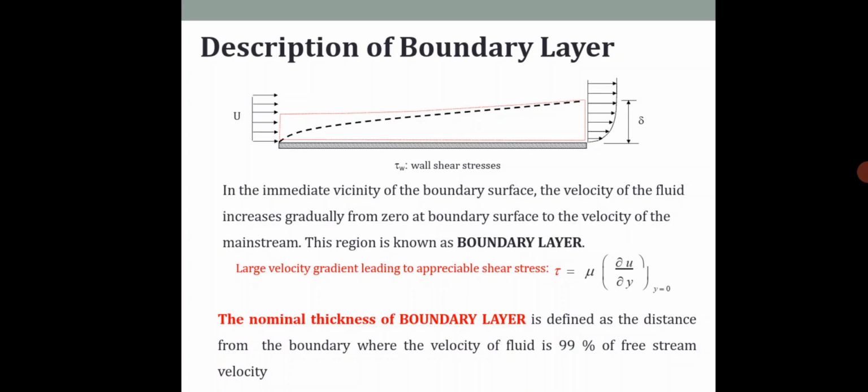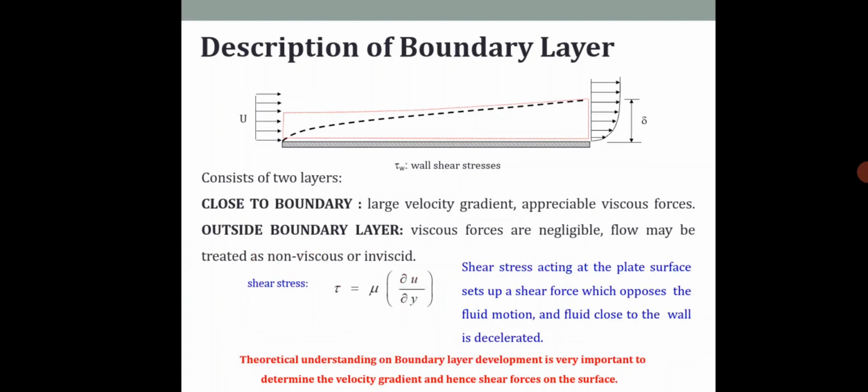There is a large velocity gradient and an appreciable shear stress: tau is equal to mu into dou u by dou y at y equal to 0. The nominal thickness of the boundary layer is defined as the distance from the boundary where the velocity of the fluid reaches 99% of the free stream velocity. That is called the nominal thickness of the boundary layer.